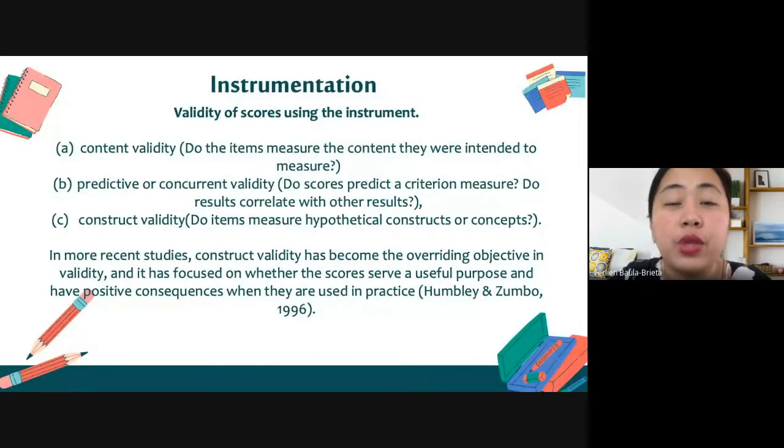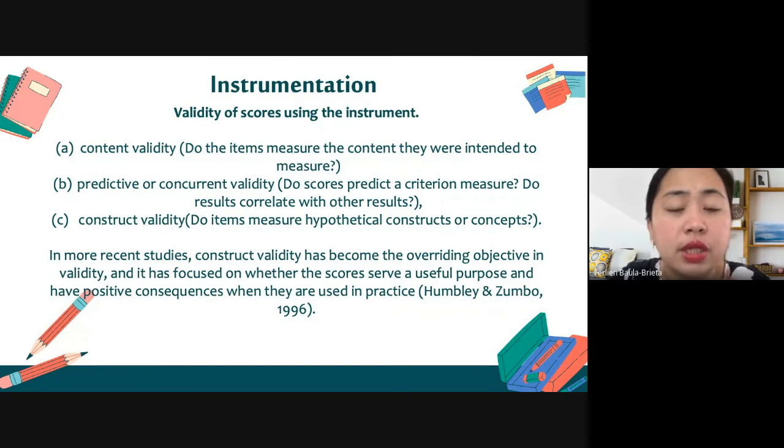The third validity of score is construct validity. A question on this is, do items measure hypothetical constructs or concepts? So you have to look at your questionnaire if it is capable of measuring the constructs or concepts presented in your conceptual framework.